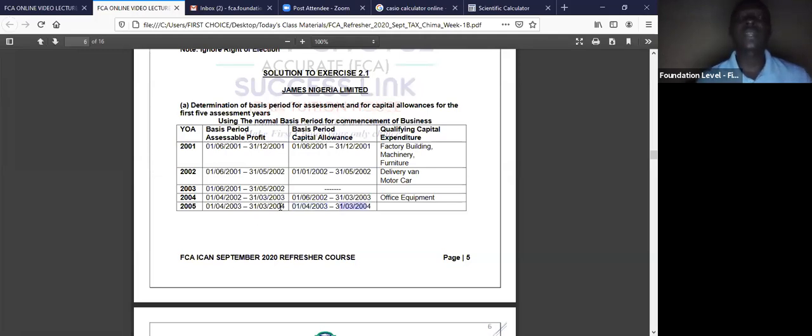So that's how capital allowance is treated. Whenever the business is starting, both the basis period for profit and for capital allowance will be the same. But in year 2, you'll see some overlap, which you have to remove and use. Year 3, you're going to see some overlap. You remove the overlap period and use. From year 4, you will not see overlap, so you start doing the whole thing.